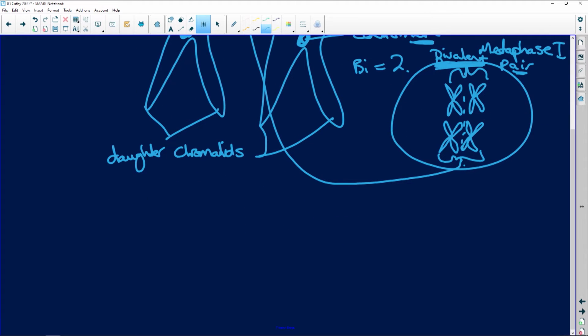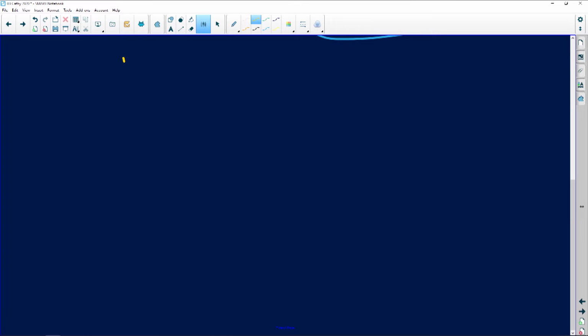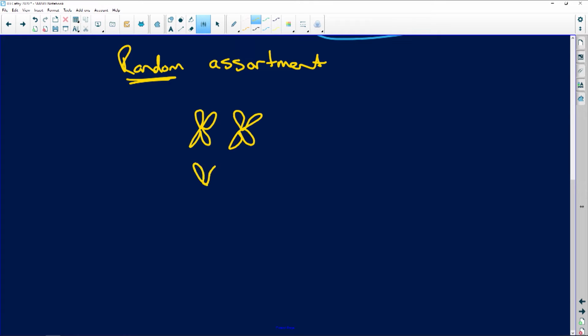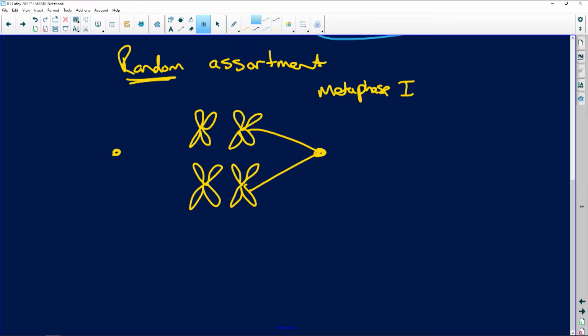When we have random assortment, it's random, which means it doesn't matter what way. So if I've got my homologous chromosomes here, during metaphase 1, they're the spindles, there's the centriole, they're all sitting here at the equator.